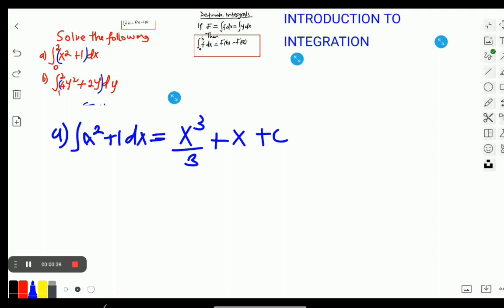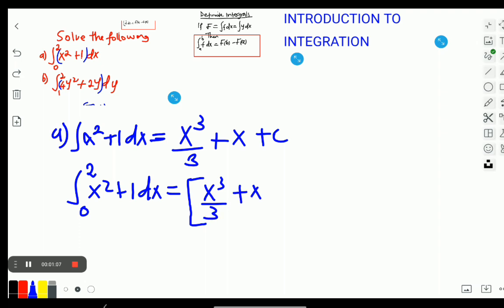Now, what about when there are limits? If there are limits, from 0 to 2, x squared plus 1 dx, the constant does not need to be put there; even if you put it, it will cancel. So we use square brackets or a vertical line on both sides. It will be x cubed over 3 plus x, and then you write 0 here, and 2 here.